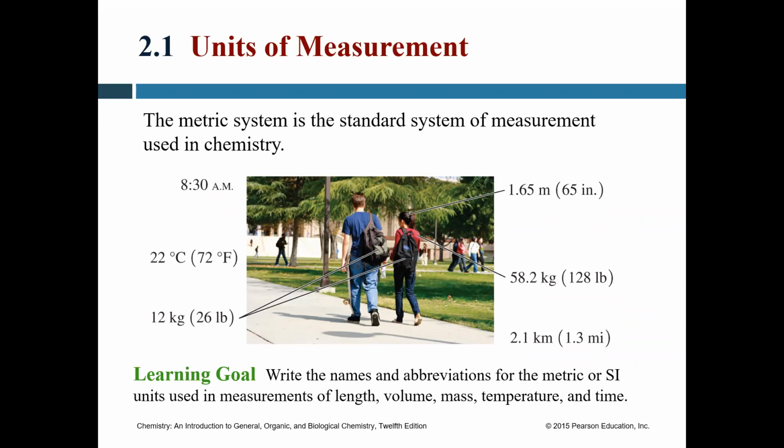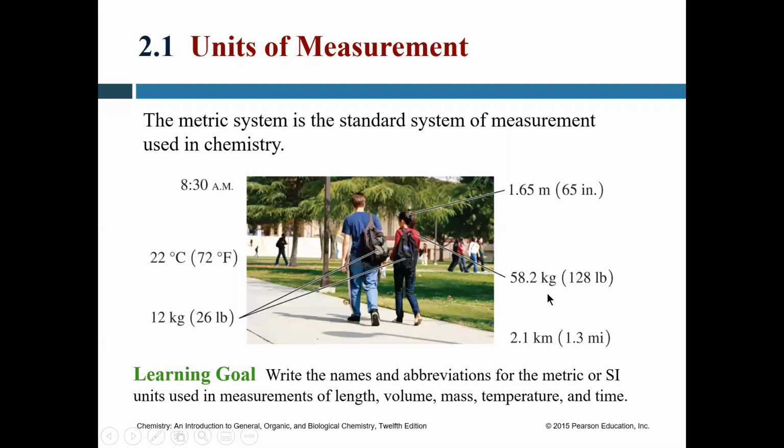It's not enough to just say, oh, this person here, for instance, is 1.65. You may be thinking, are they 1.65 feet? Because that means they're really teeny tiny. We have to give a unit. So in this case, it's 1.65 meters, which is equivalent to roughly 65 inches.